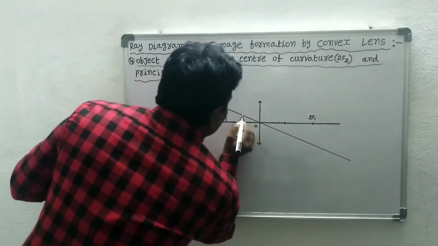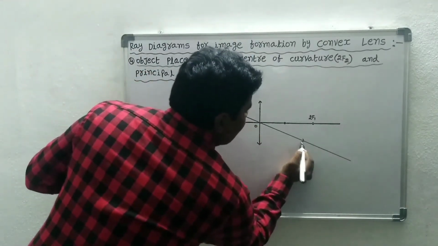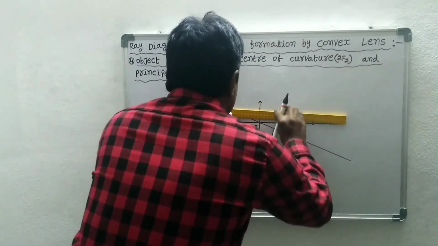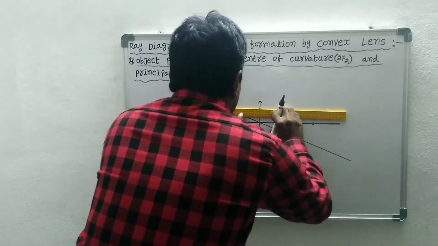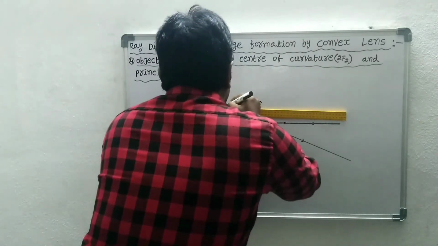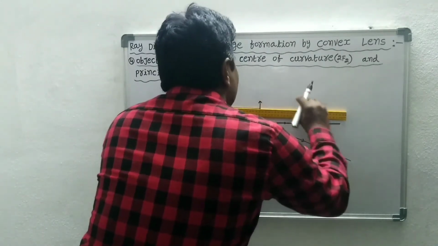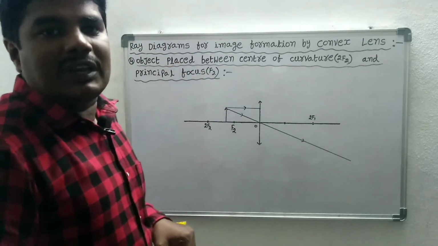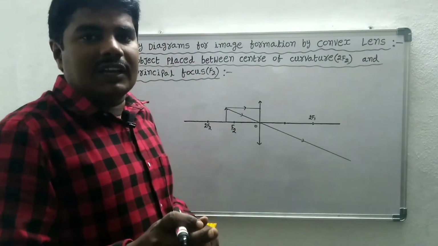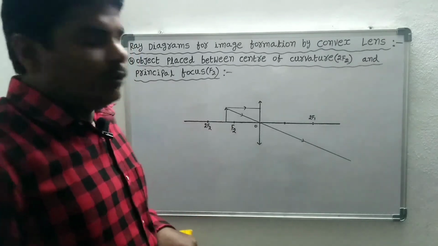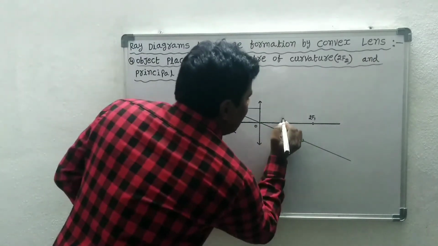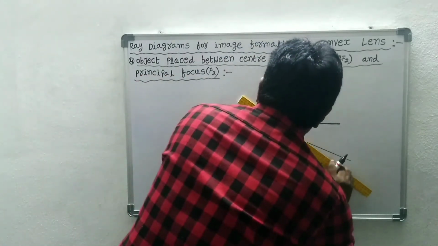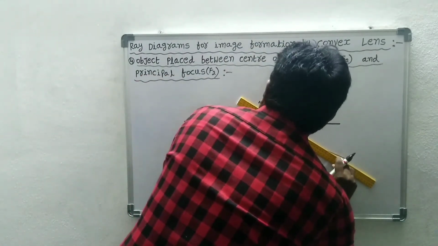Now we take the light ray passing parallel to the principal axis. This is the light ray passing parallel to the principal axis. The light ray parallel to the principal axis is deviated and goes through the principal focus. So we draw the light ray like this.